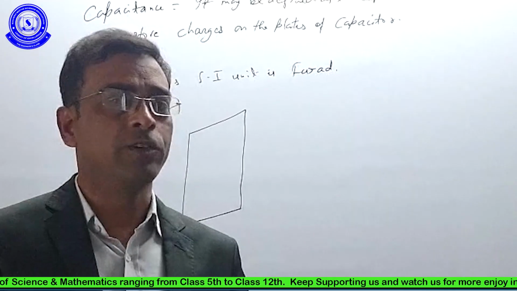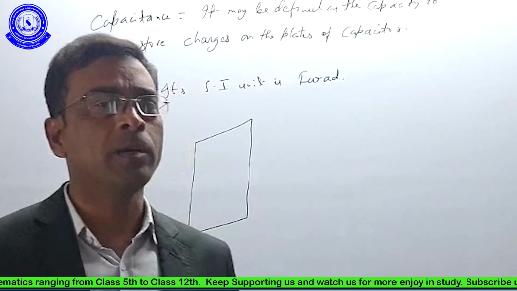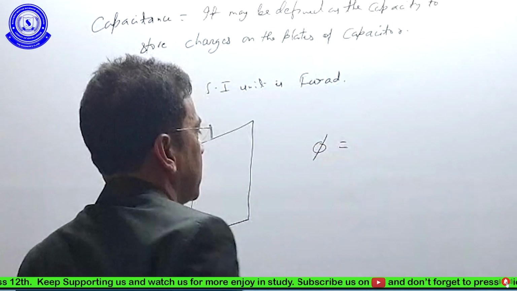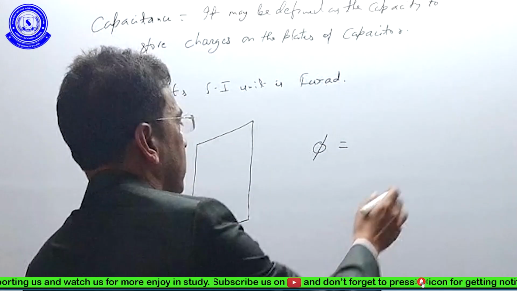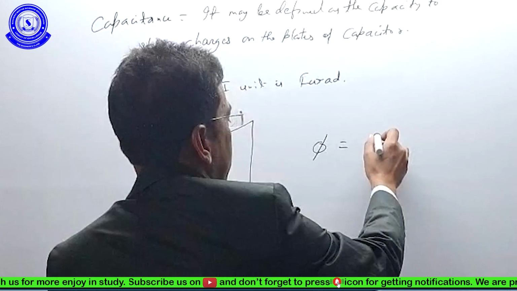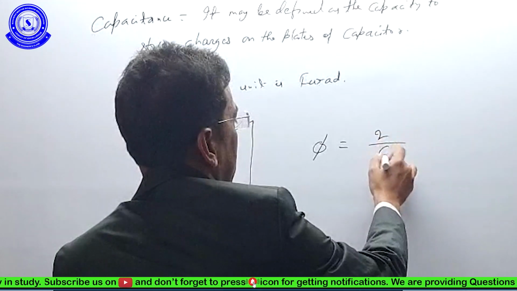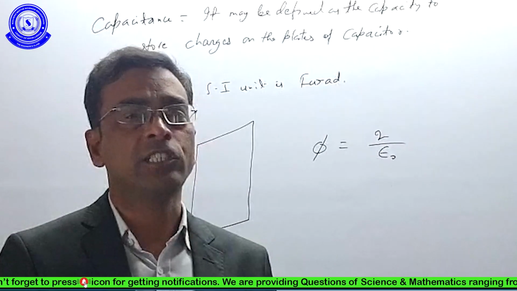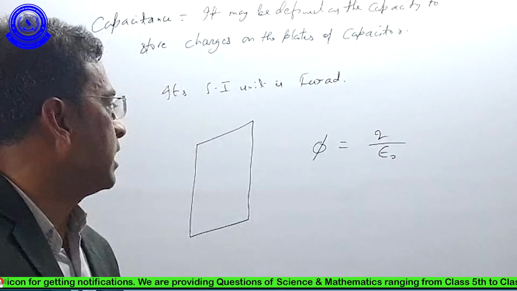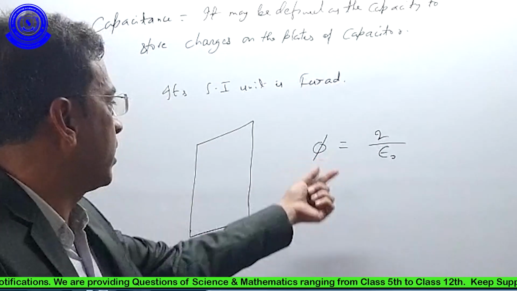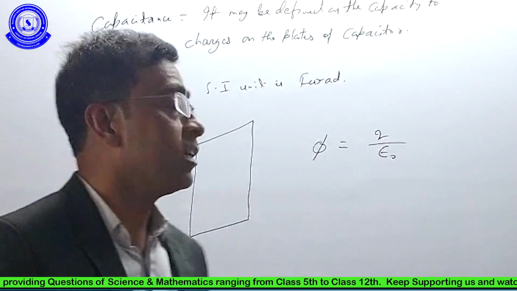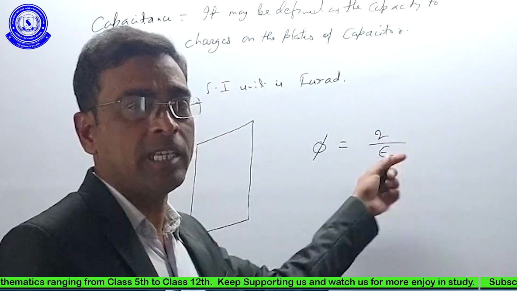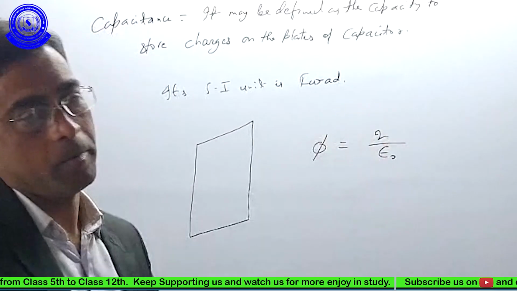from Gauss theorem. From Gauss theorem, we have the relation that total electric flux is equal to the reciprocal of epsilon naught times q. So flux is q times the reciprocal of the permittivity of free space, epsilon naught.